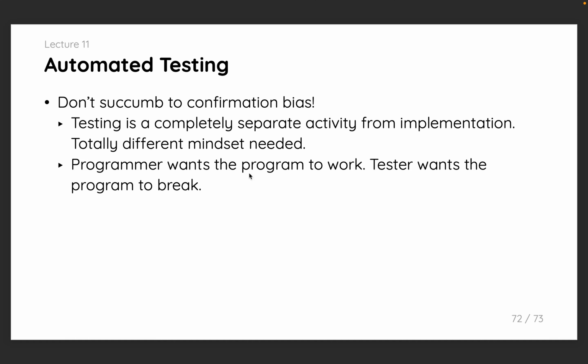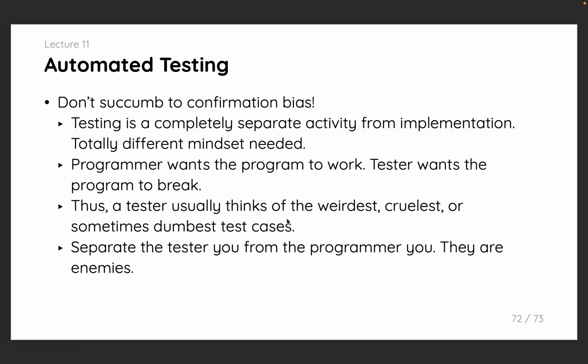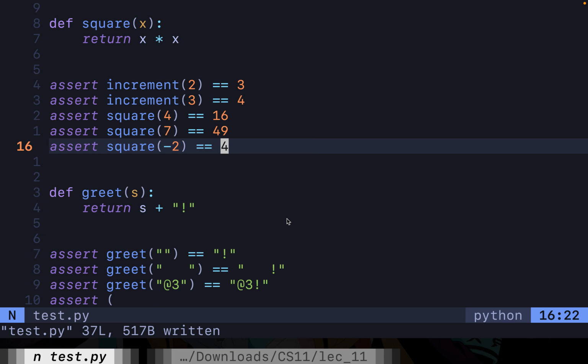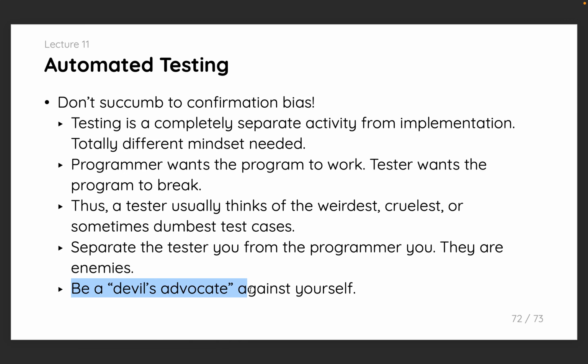So the programmer wants the program to work, while the tester wants it to break. So the tester has to come up with the weirdest or craziest test cases as possible. And try to form two separate parts of yourself when you're programming stuff like these. One that focuses on implementing the function, and another one that focuses on trying to break the implementation. So be a devil's advocate against yourself.